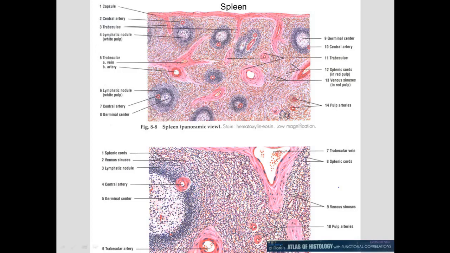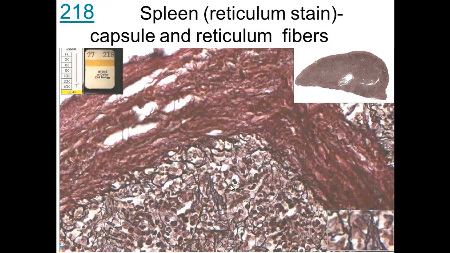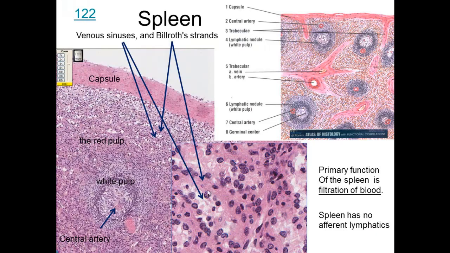In the red pulp, you have these splenic cords and sinuses in between that we'll see. In the capsule and throughout the sinus, you have reticular fibers, which are branched fibers that help support the cells inside there. As we can see, this is the white pulp and the red pulp.